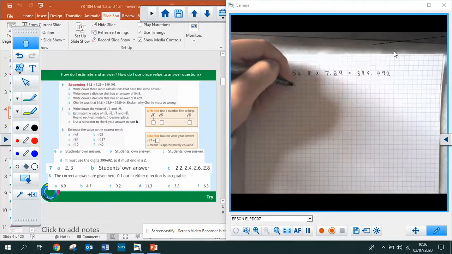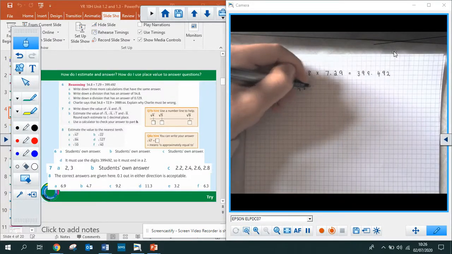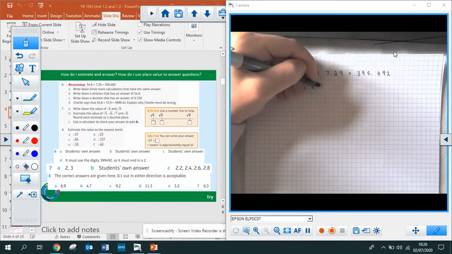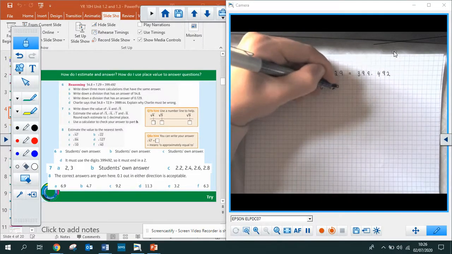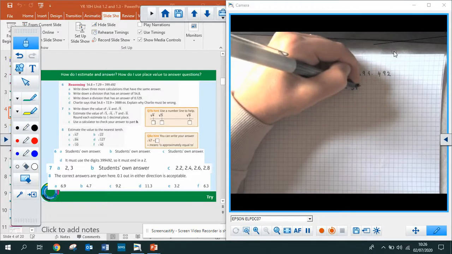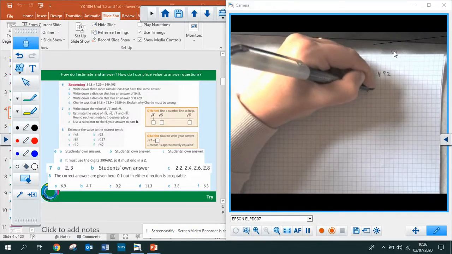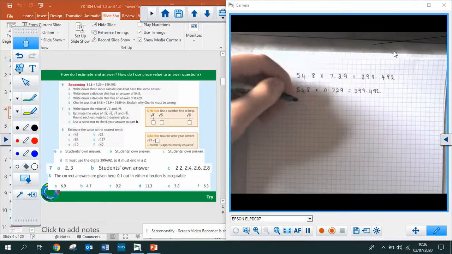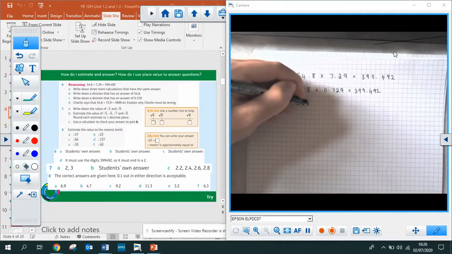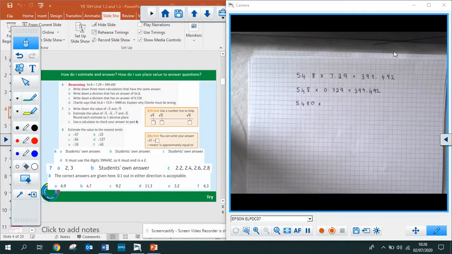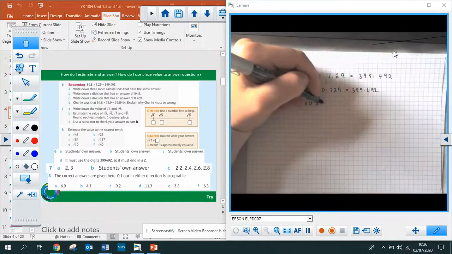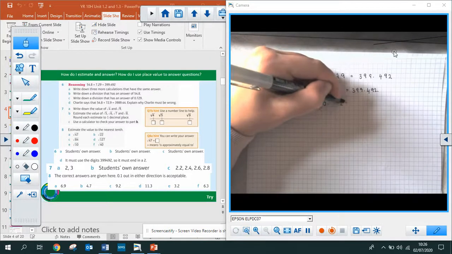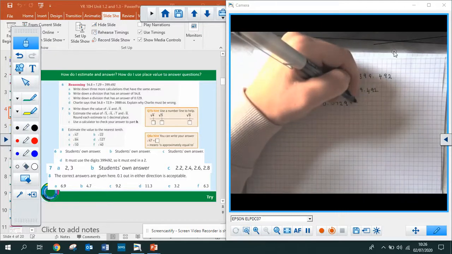So I could do 548 multiplied by 0.729, and that would give me 399.492. Maybe I'm going to make this 100 times bigger, make it 5,480, therefore make my 7.29 100 times smaller, make it 0.0729, and again I'd get the same answer.